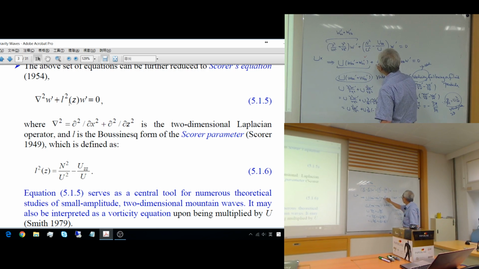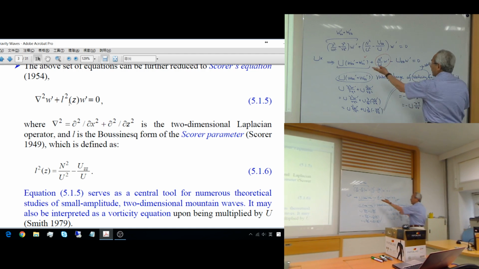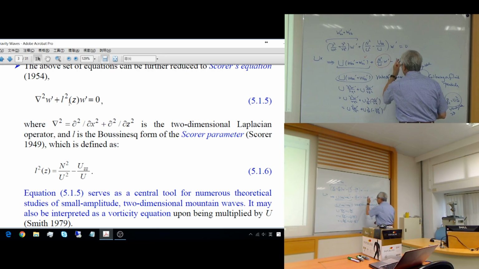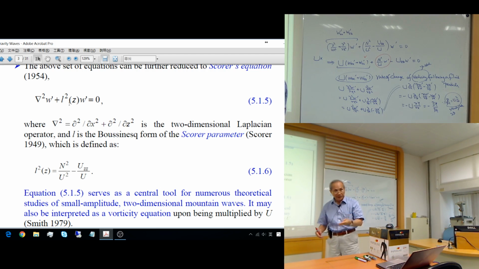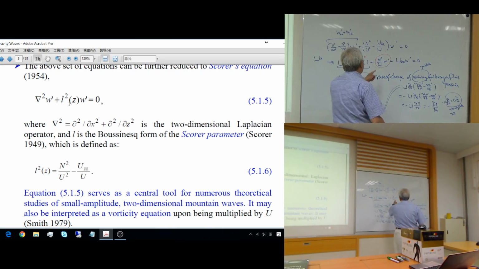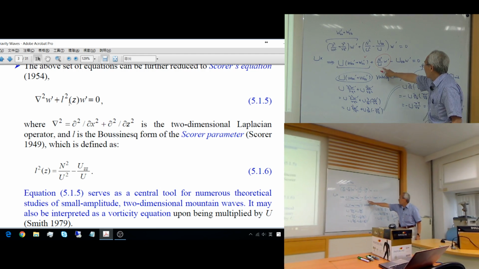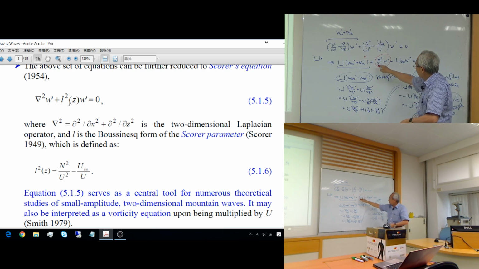And now what's the meaning here? Why do I say this is a vorticity equation? If I say this equation is a vorticity equation, that means every term has something to do with vorticity. So why do we say this? Can somebody tell me the physical meaning? Don't talk about vorticity, because I'm going to explain it. Just look at this. What kind of force makes this?